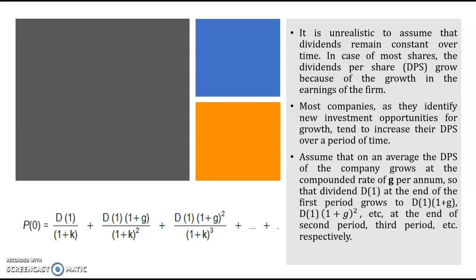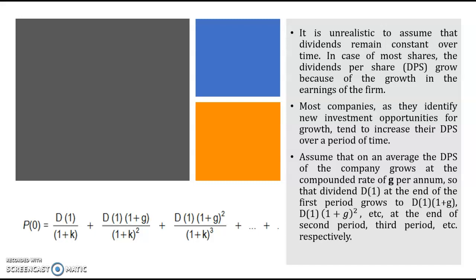That particular equation can be seen in this slide, where P naught is equal to D1 divided by 1 plus K for the first year, plus D1 into 1 plus G divided by 1 plus K whole square for the second year, then plus D1 into 1 plus G whole square divided by 1 plus K whole cube.